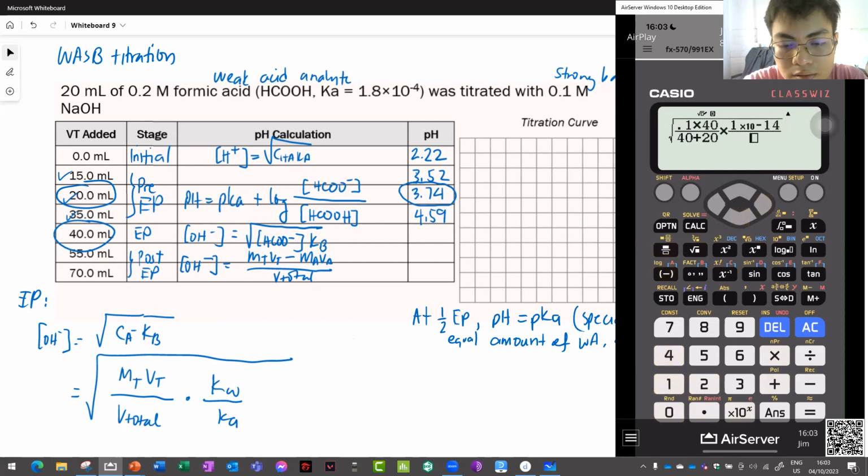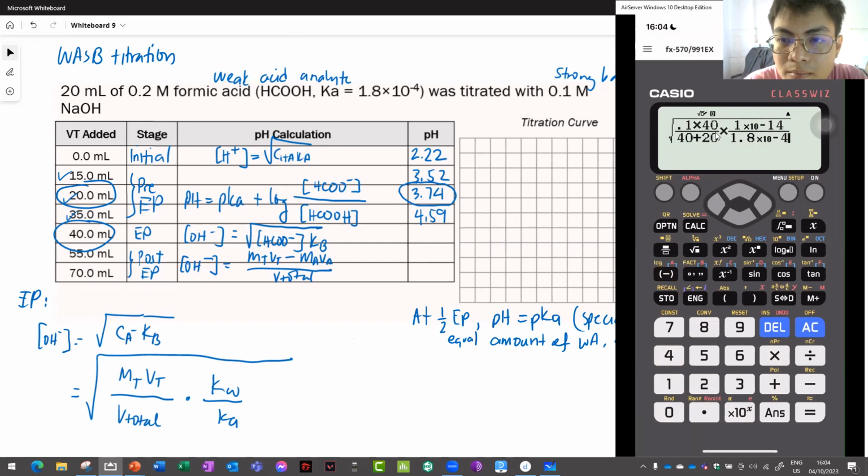Ano yung Ka? 1.8 times 10 raised to negative 4. Okay? So again, this is your molarity titrant, volume total. Then this is your Kw over Ka to get the Kb. Okay? So let's press equal sign.